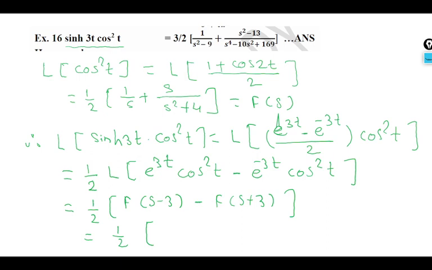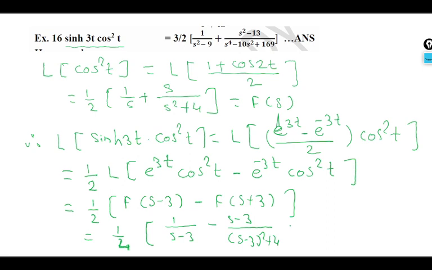So the last step left here: 1 by 2 F of s minus 3. Already there is 1 by 2, so 1 by 2 into 1 by 2 is 1 by 4, which is outside throughout. In the first term we replace every s by s minus 3, so 1 upon s minus 3 plus s minus 3 divided by (s minus 3) bracket square plus 4. This is actually F of s minus 3.